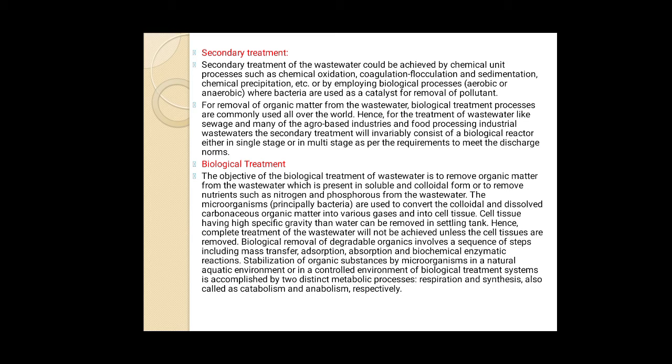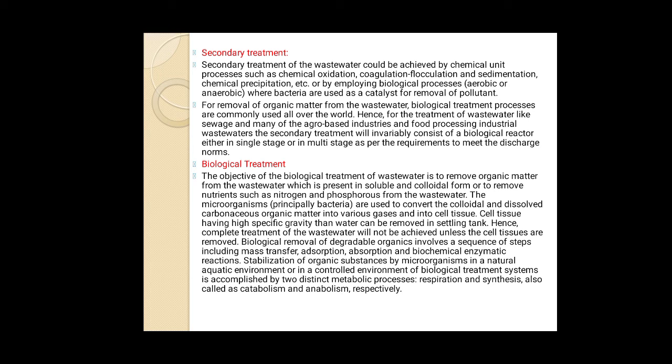Then what exactly is done in the secondary treatment? Secondary treatment of wastewater could be achieved by chemical unit processes, such as chemical oxidation, coagulation, flocculation, sedimentation, chemical precipitation, etc., or by employing biological processes. It may be aerobic or anaerobic, where bacteria are used as a catalyst for removal of the pollutants.